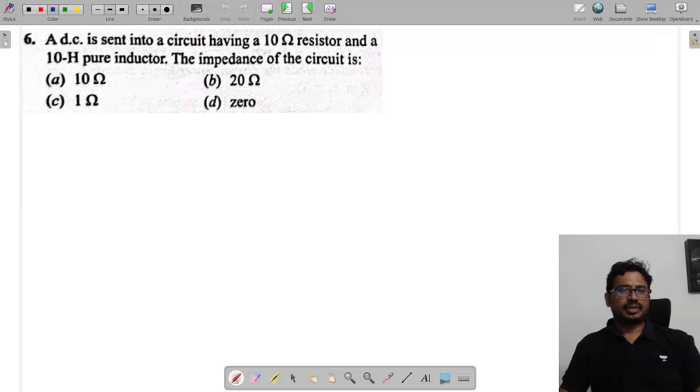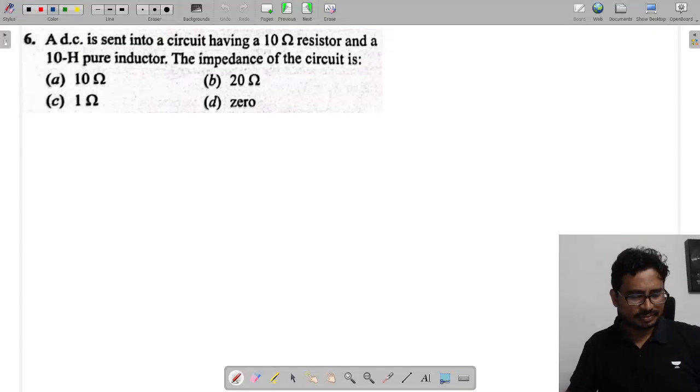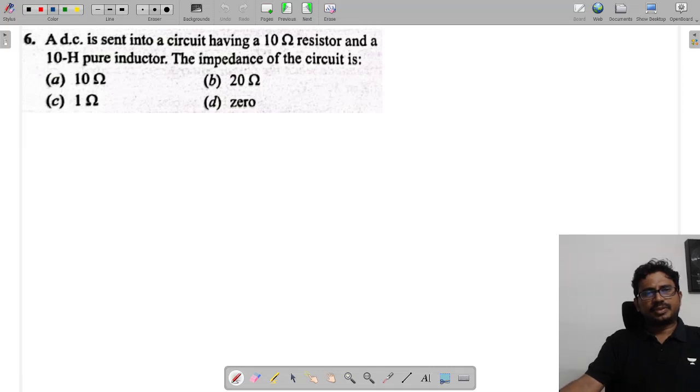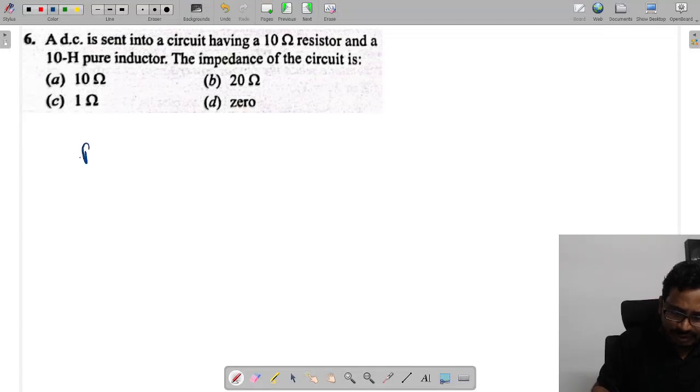Next, DC is sent into a circuit having a 10 ohm resistor and a pure inductor.